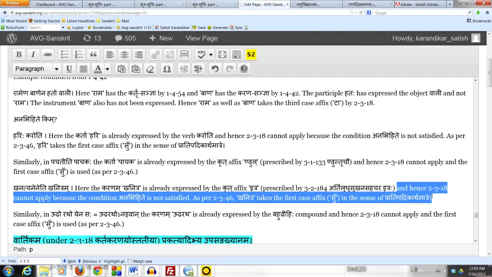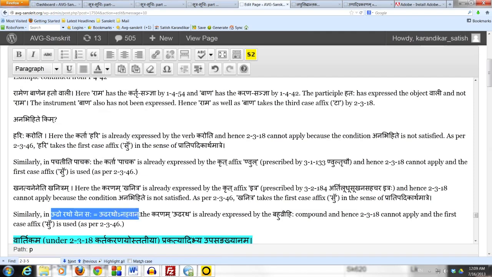Similarly, in udho ratho yena saha, udharatho anadvan, udha rathaha yena, by whom the chariot was carried, was drawn. Here the bull, Anadvan, is the instrument by means of which the chariot is drawn, but he is already expressed by the Bahuvrihi compound Udharatha.